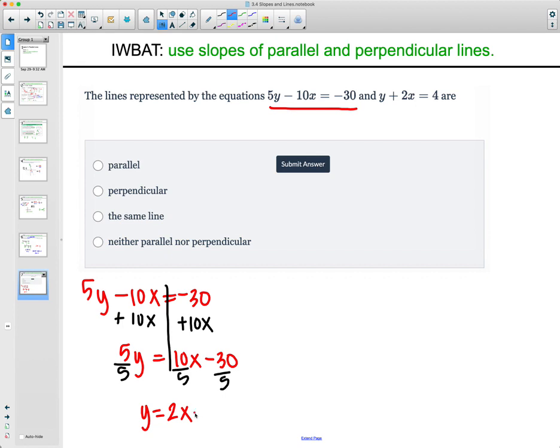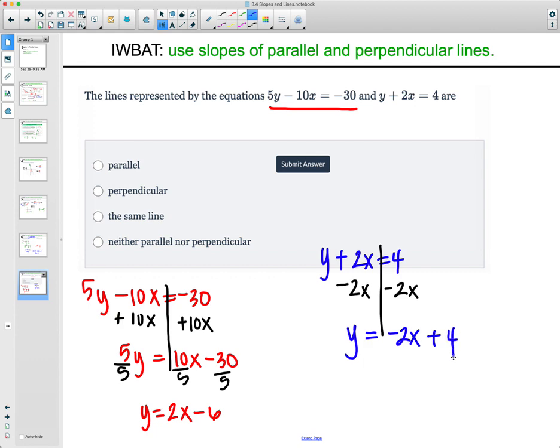Negative 30 divided by 5 is negative 6. Then we're going to do the same thing for this next equation. So y plus 2x equals 4. Let's solve for y. So we're just going to subtract 2x from both sides. So we end up with y equals negative 2x plus 4.